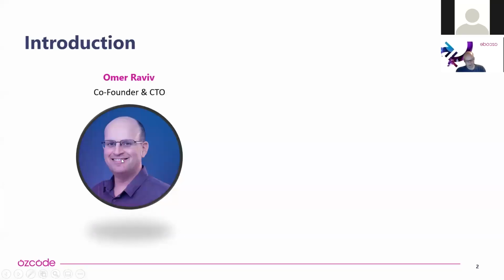So, brief introduction. My name is Omer Raviv. I'm creator and CTO of Ozcode. I have dedicated most of my professional career to helping developers find better ways to debug and troubleshoot code, whether that's code they've just written a minute ago inside the Visual Studio IDE with our IDE extension.